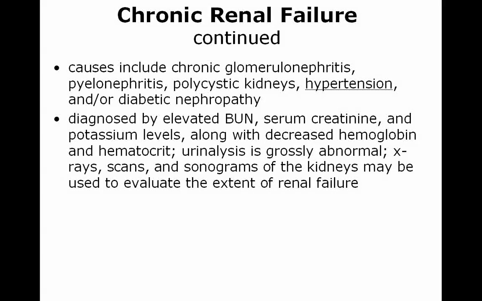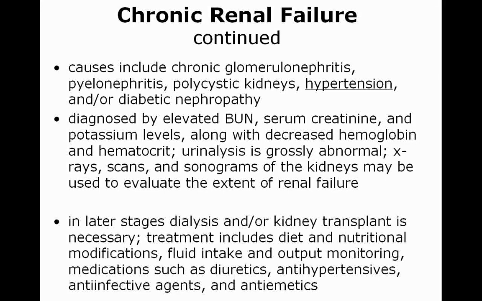Along with decreased hemoglobin and hematocrit, the person will become anemic because their kidneys are not functioning properly. Urinalysis is grossly abnormal. X-ray scans and sonograms of the kidney will be used to evaluate the extent of the renal failure.